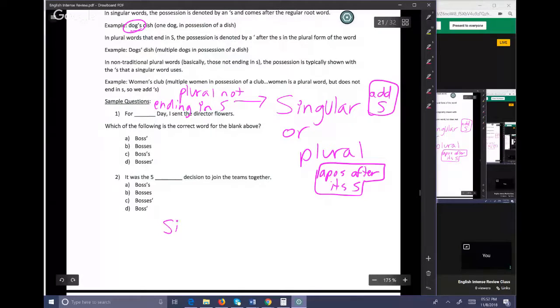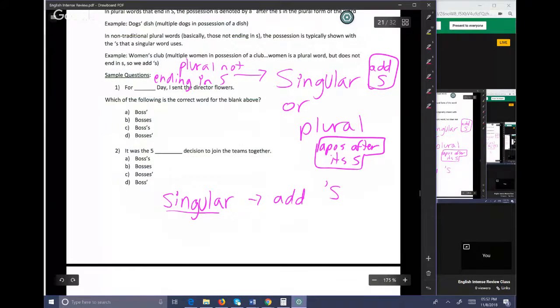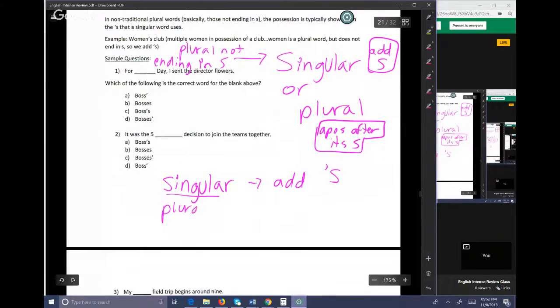You have singular words. Doesn't matter with a singular word whether it ends in an S or not. You're always going to add 2 things, an apostrophe and an S, whether it ends in an S or not if it's singular. Then you have plural not ending in S.